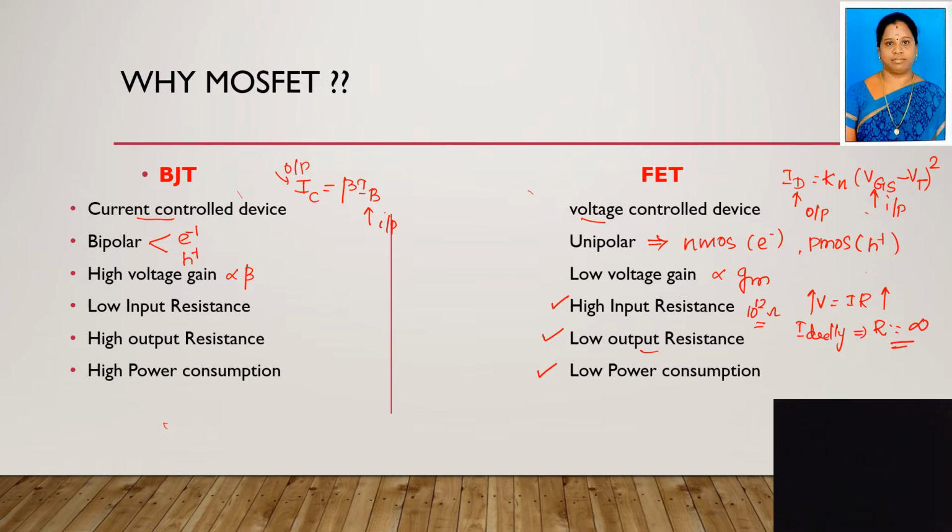Because of these advantages only we are going for MOSFET. The final advantage: the BJT produces more noise, whereas a FET has less noise. So this is also a very good quality of an amplifier. These are all the advantages of MOSFET we have seen.